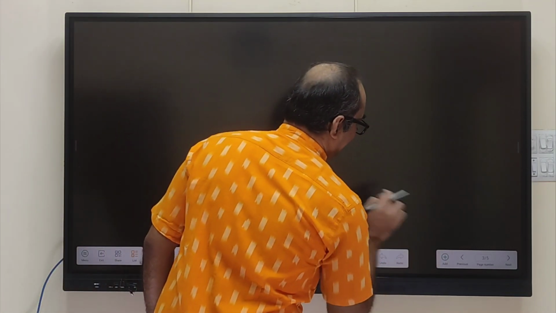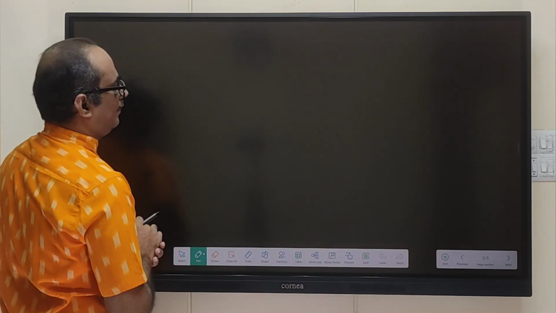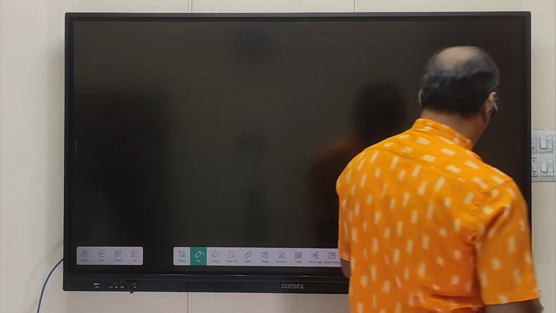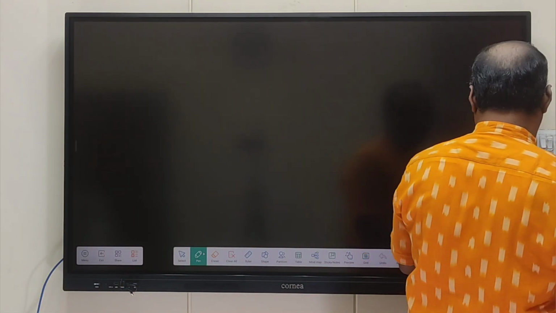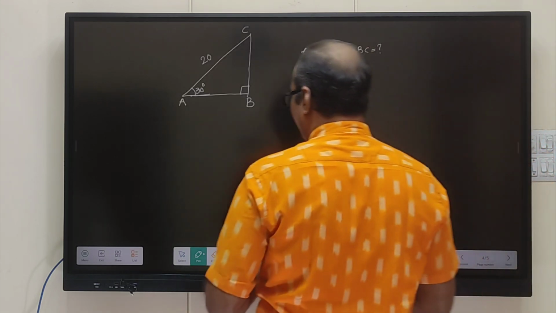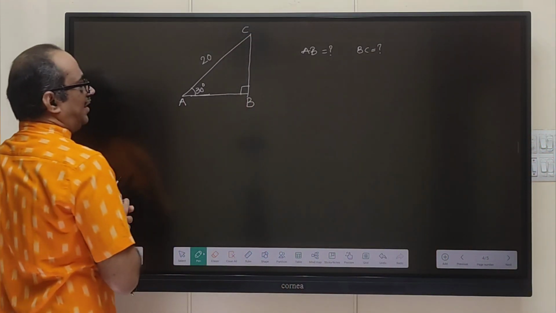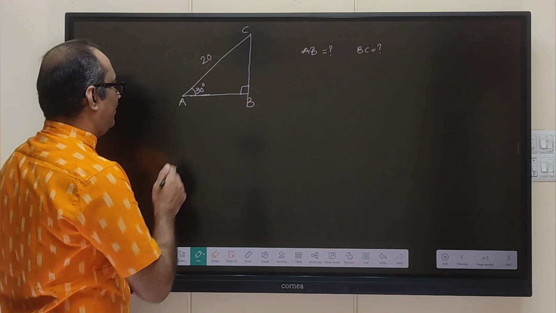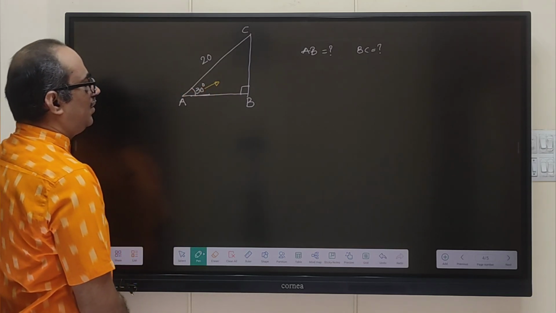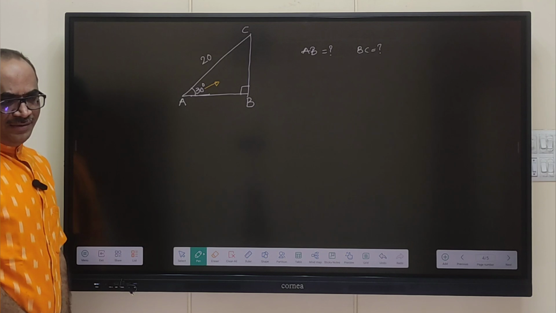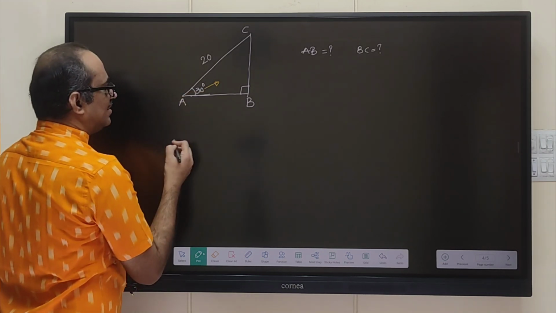Let us do another problem. Let us say we have a triangle ABC in which we have been given that this angle equals 30 degrees. We need to calculate what is AB and BC. Now we know this angle is 30 degrees.